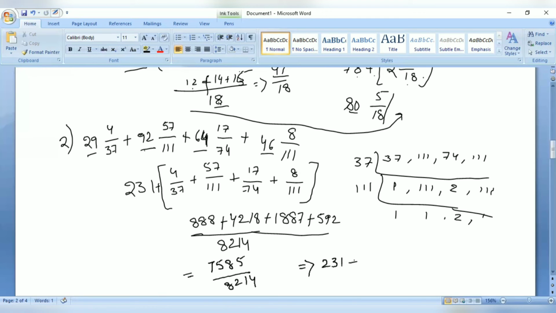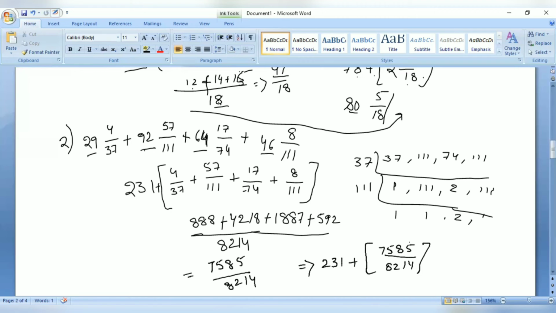231 will be written as it is, and now here is the question. 7585 divided by 8214. How do we write it, sir? Can we simplify? No, it is not simplifying.